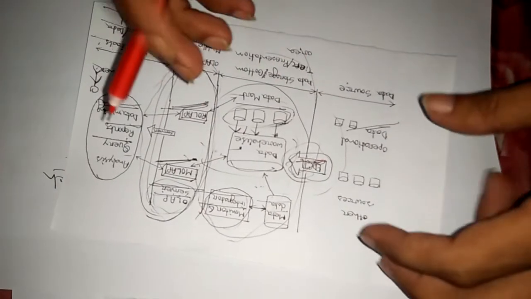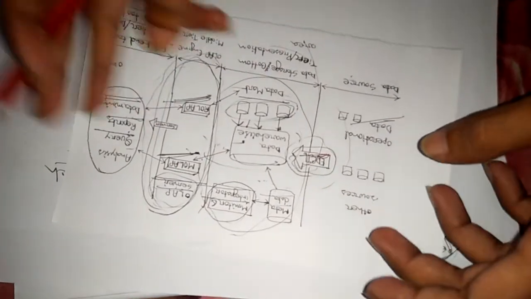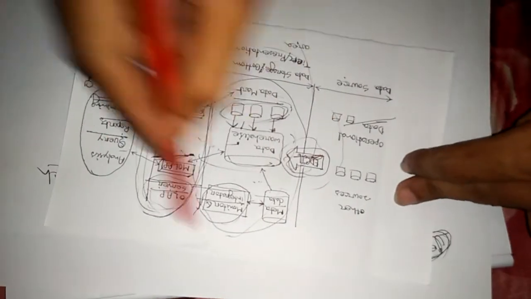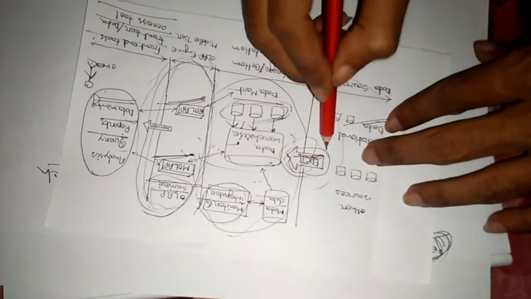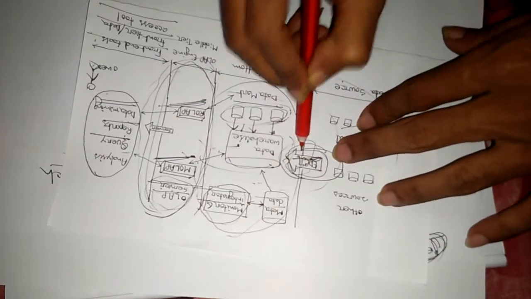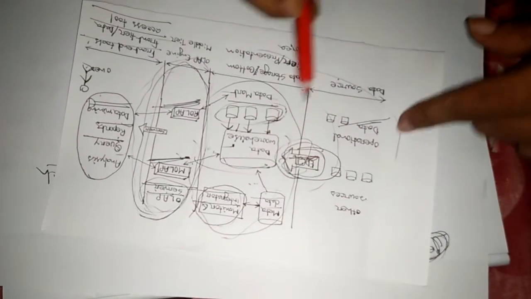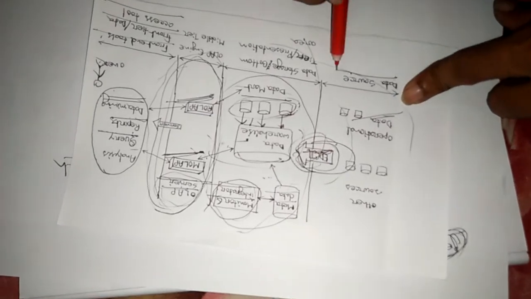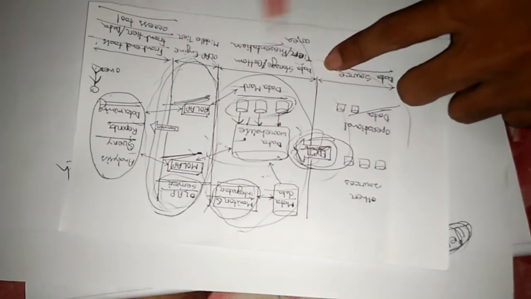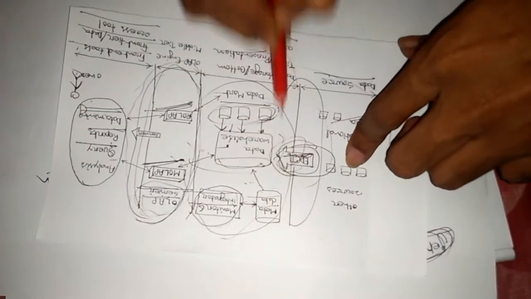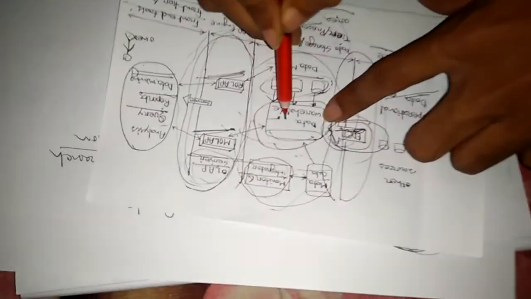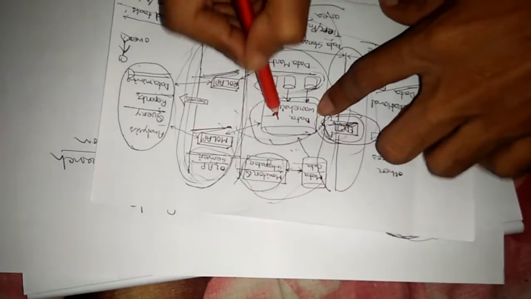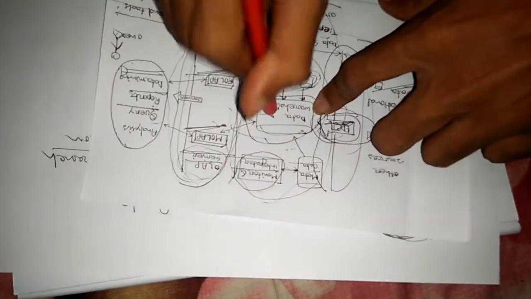The three components of acquisition, storage, and access are used in this data warehouse model. Acquisition is placed here, between the data source and the presentation area. Storage is this data warehouse, we all know that this is a storage where data is stored.